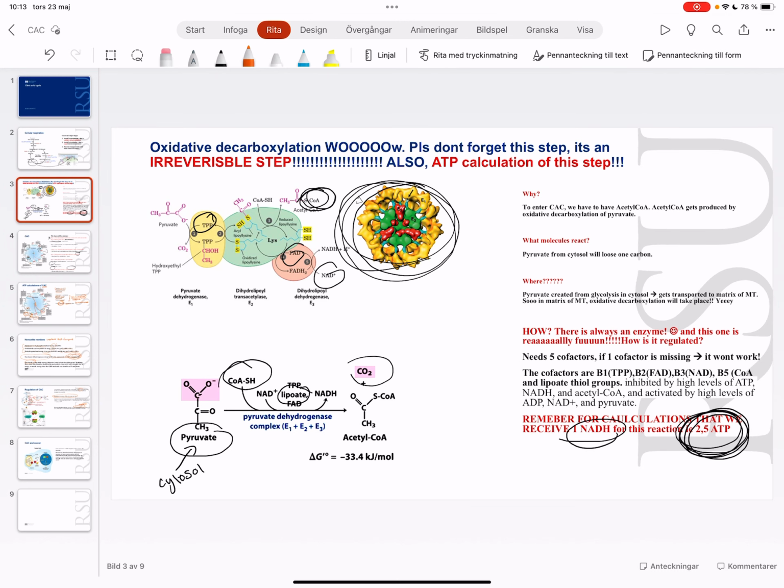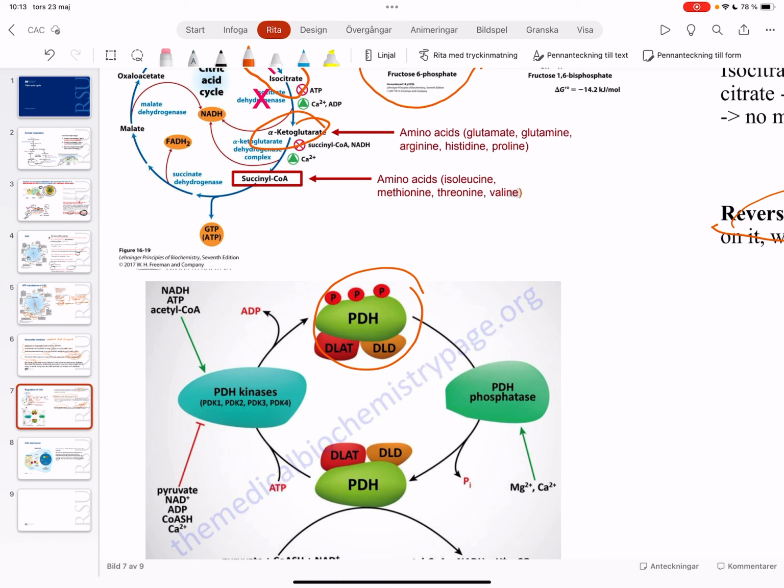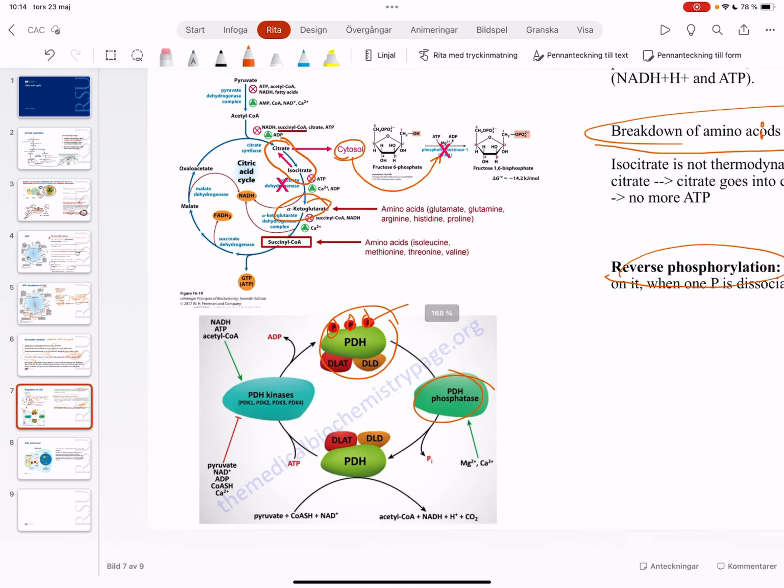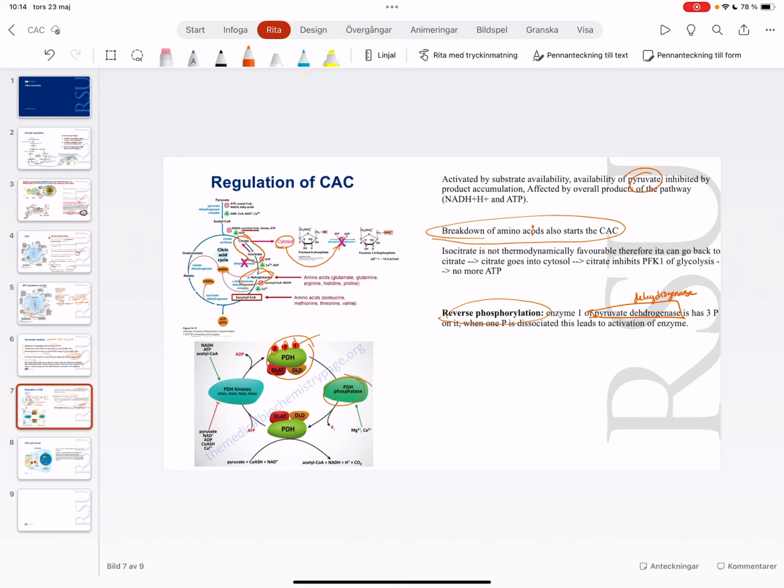This enzyme can be regulated by reverse phosphorylation. So here we have the enzyme, pyruvate dehydrogenase, and it has 3 phosphate groups on it. If it loses one phosphate group, it will be activated. And if it's activated, then pyruvate dehydrogenase can convert pyruvate to acetyl coenzyme A, and acetyl coenzyme A can enter the citric acid cycle. So that is kind of a regulation of the citric acid cycle.